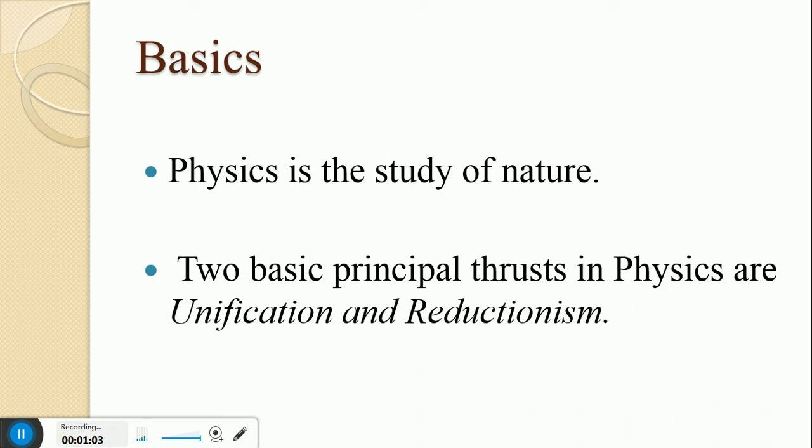For example, to explain different phenomena in electricity or magnetism, we need only electromagnetic theory, which can explain all of them. So this is in regard to unification and reductionism.